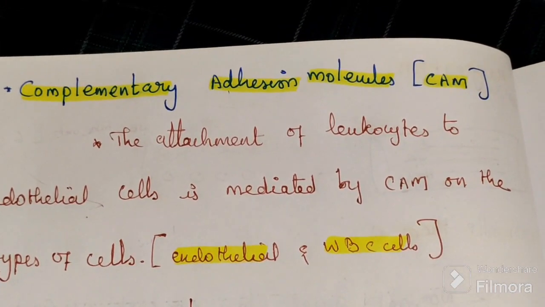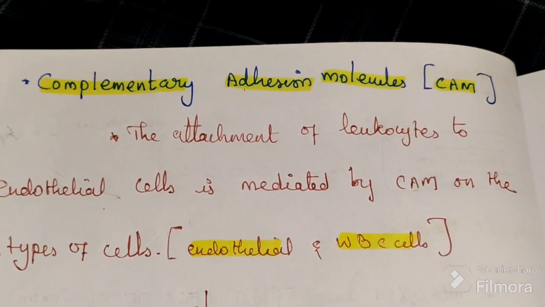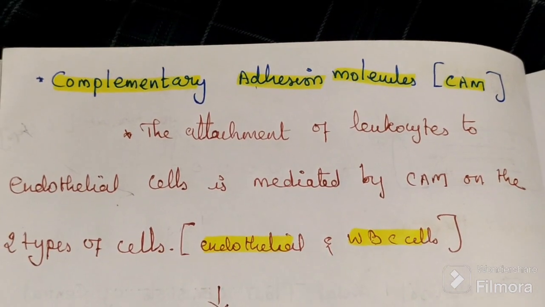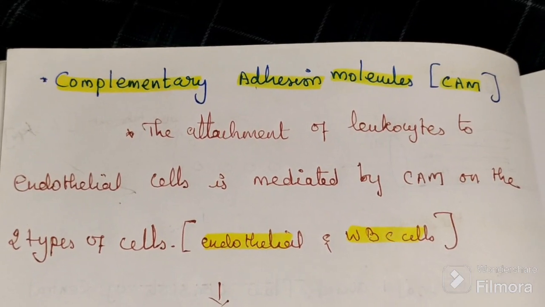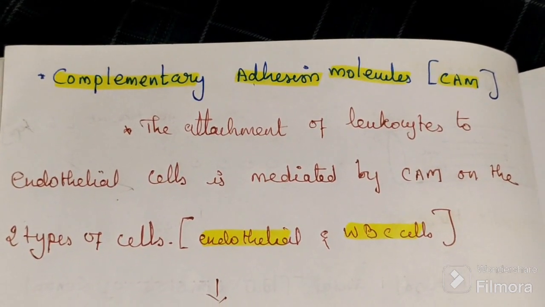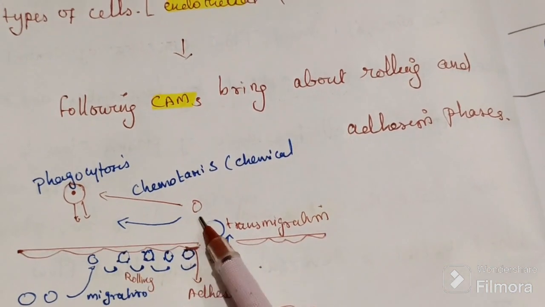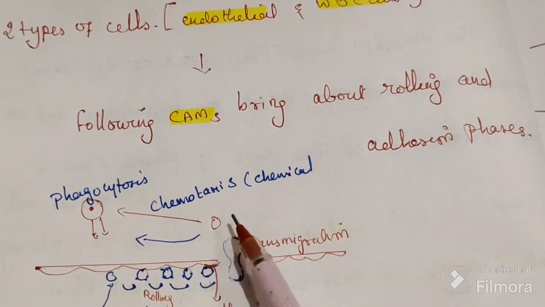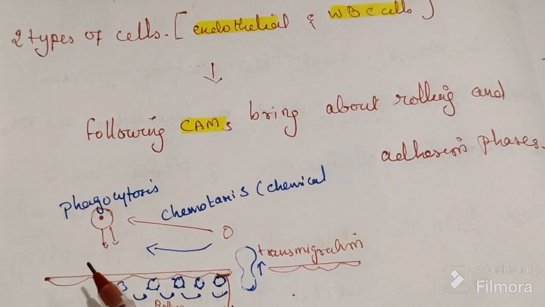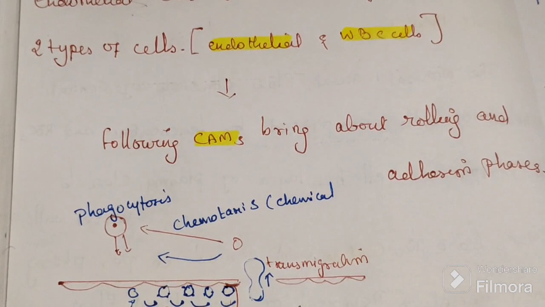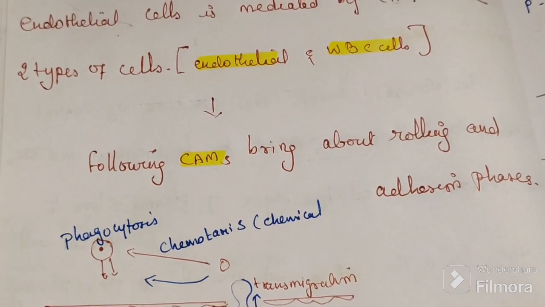Now the WBC has reached outside; that process is called transmigration. It is a 3D space. How does the WBC find the bacteria? The bacteria secrete some chemicals, and those chemicals attract the WBC.